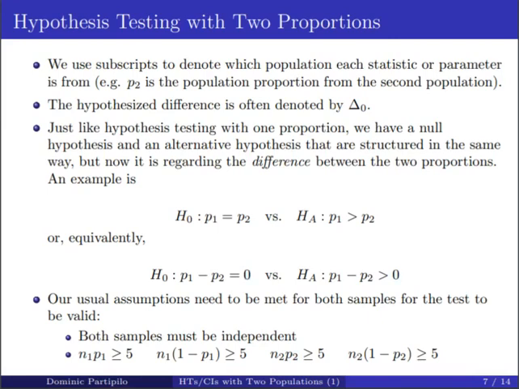And just like before, the usual assumptions need to be met for both samples for the test to be valid. Both samples must be independent, and we need to have n times p greater than or equal to 5 and n times 1 minus p greater than or equal to 5 for both samples.